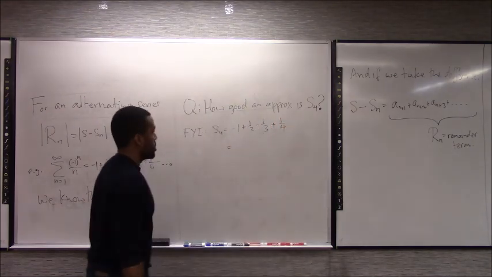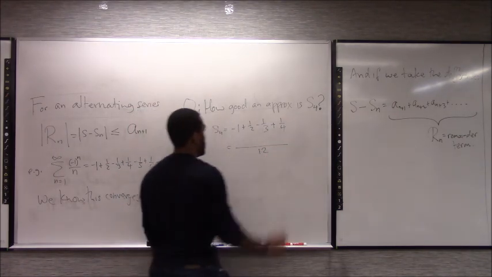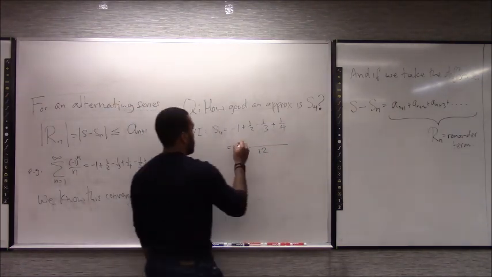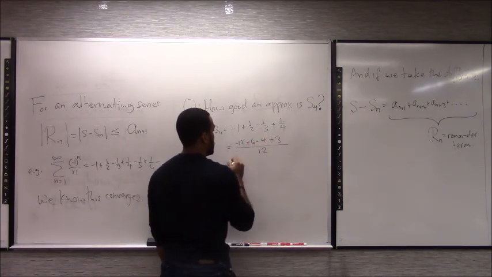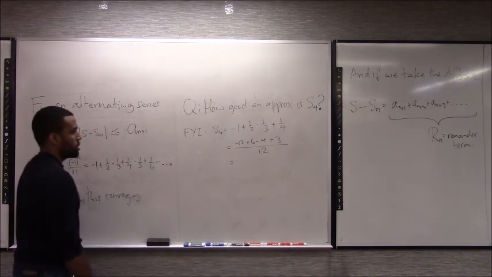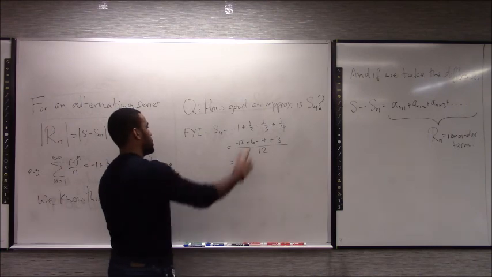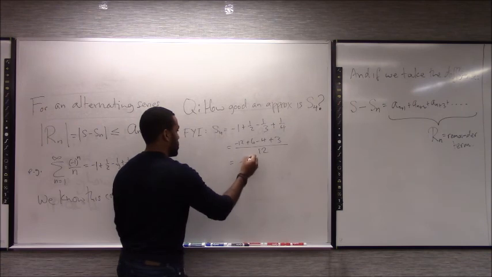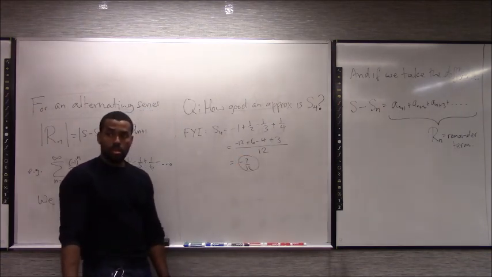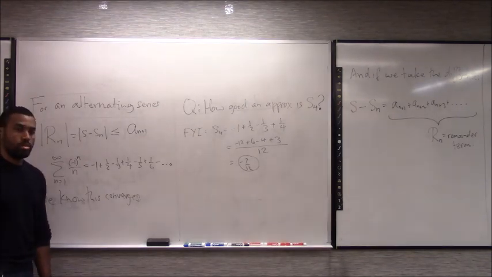Now, if you were to actually add all of those, 12 is the LCD. You'd have -12 plus 6 minus 4 plus 3. And what's that? Minus 16 plus 6, that's minus 10 plus 3, that's minus 7 over 12. Right? So you might say, I just added the first 4 terms and the answer I got is -7 over 12. How close am I to the actual answer?